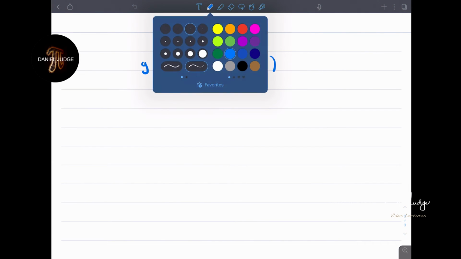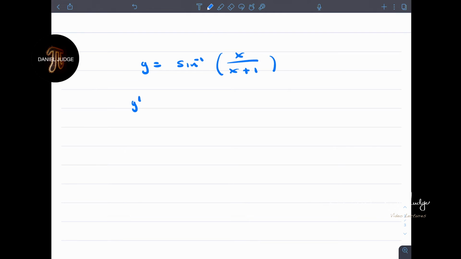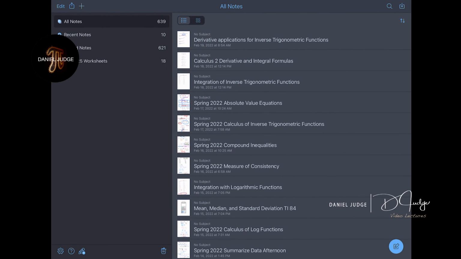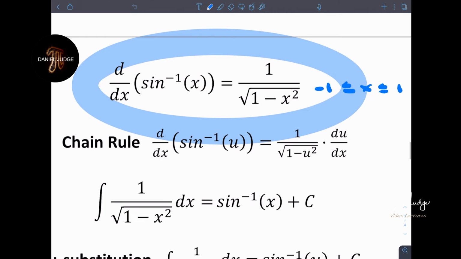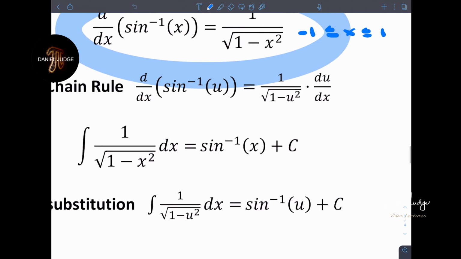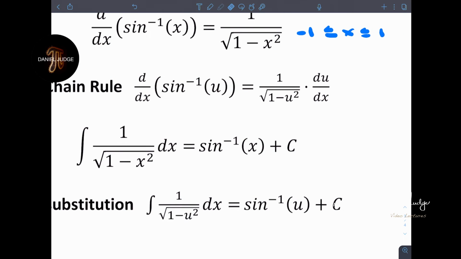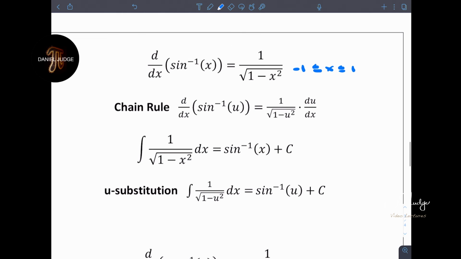So let's differentiate this. Y prime, using that derivative formula, is 1 over the square root of... now remember with that formula, we're really using the chain rule version of that derivative.